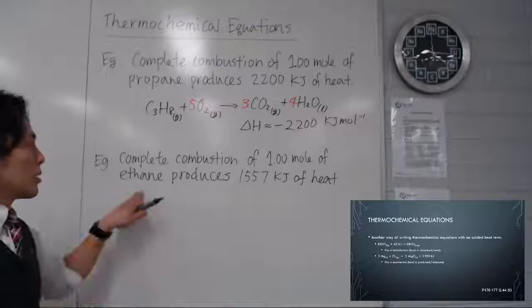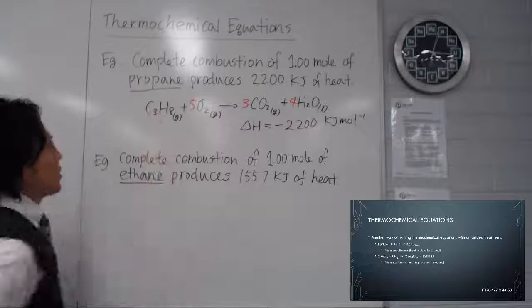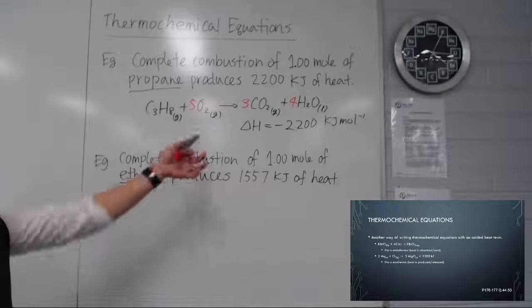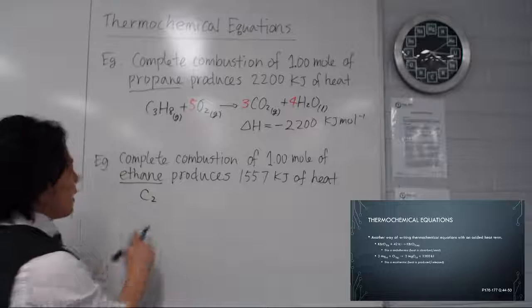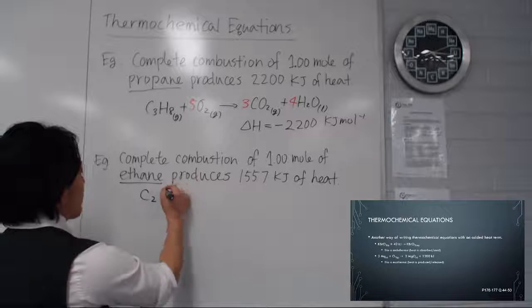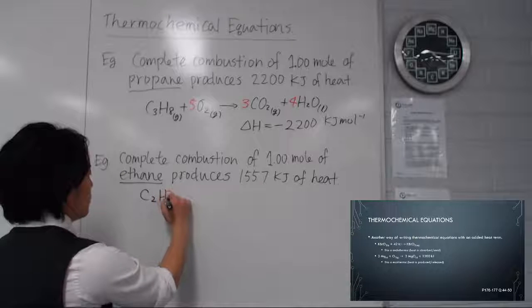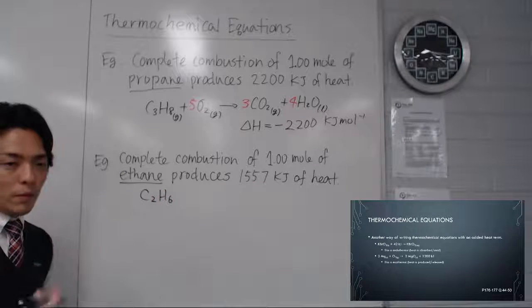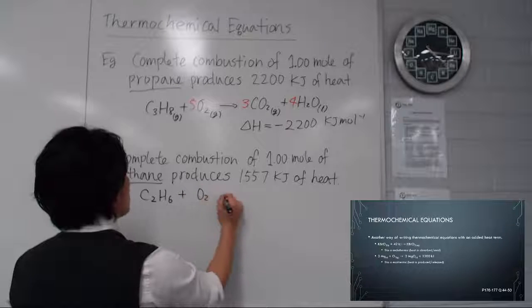All right, let's look at ethane's example here. You'll be doing basically the same, but there is one twist to it. Ethane has 2 carbons in it, so C2, and 6 H's, plus oxygen.